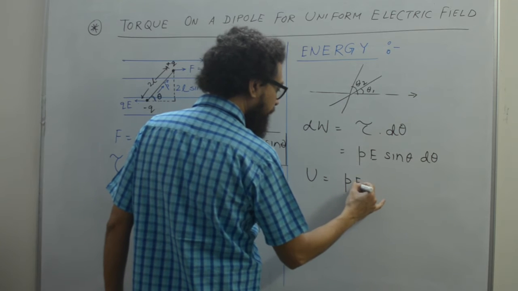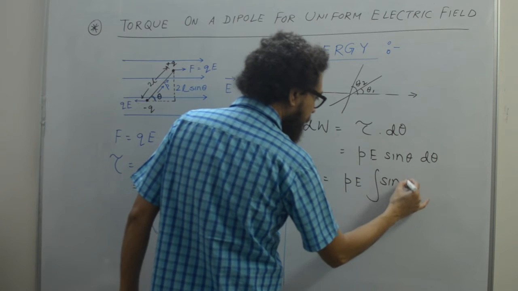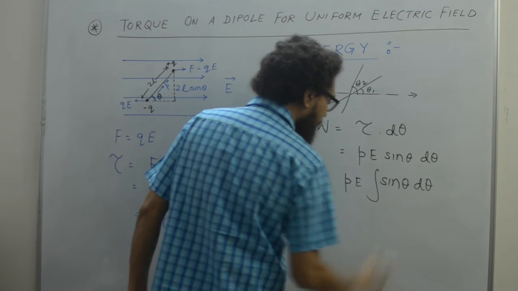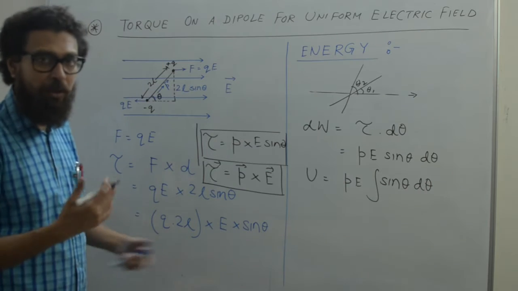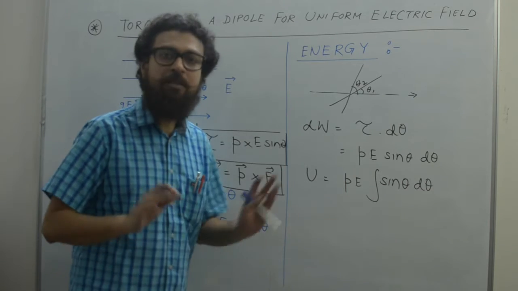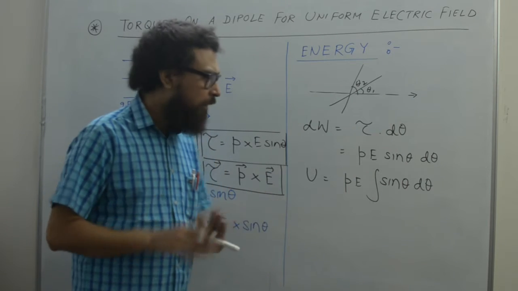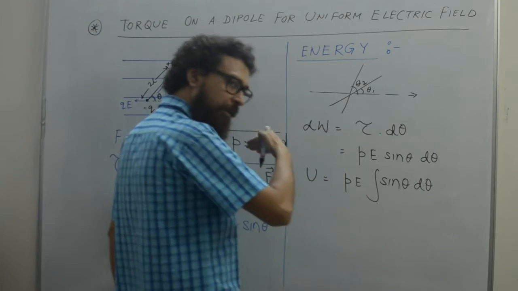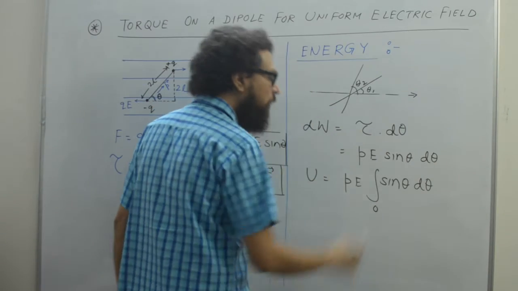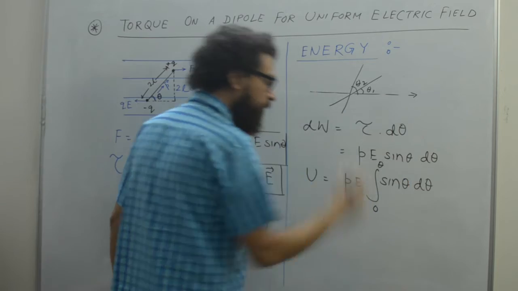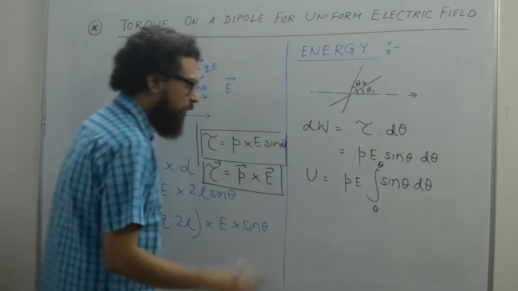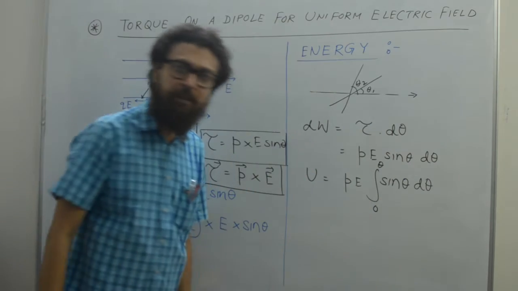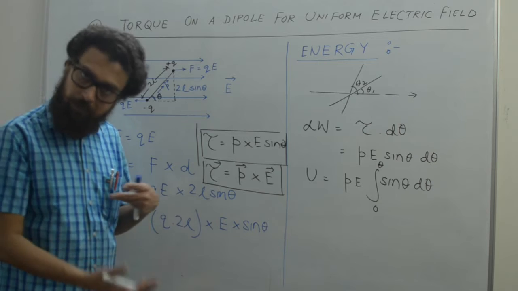So Pe integration sine theta d theta, and the limits are your choice. Let us take a simple one, taking this dipole from 0 to some angle theta. So integration of sine theta, you know what it is.